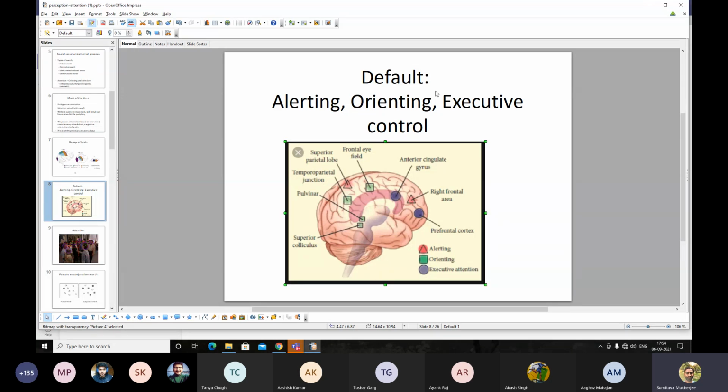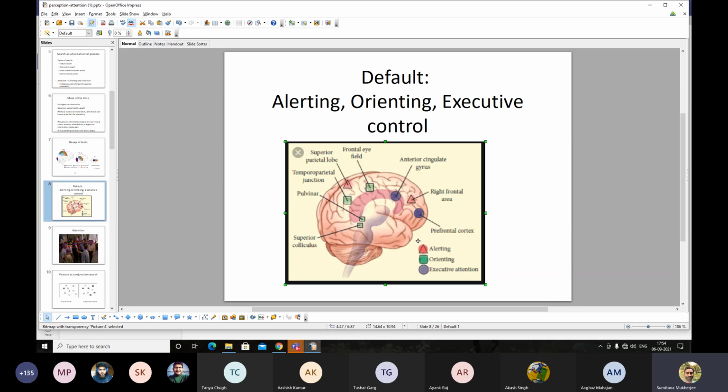Orienting means you move your eyes towards that area, or even if you're sitting, you move your attention. You don't move your ear, you orient your ear, or you orient your thinking to hear something, let's say coming from the left side or right side. And then you have executive control, which enables you to decide how much information has to be taken in, where you have to attend to next, and how to move certain things, including your eyelids.